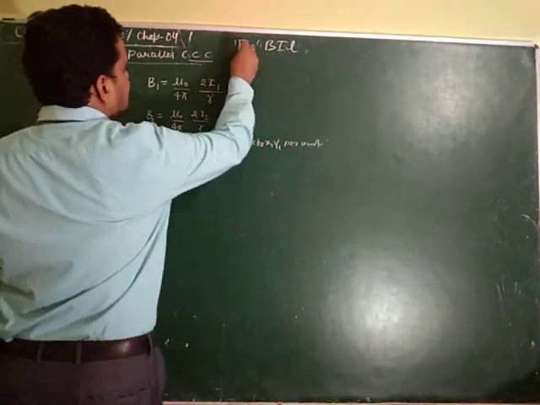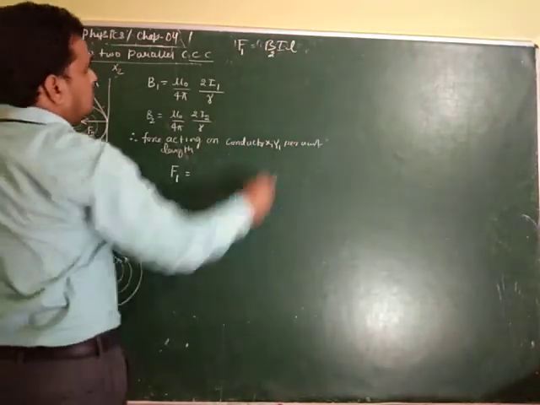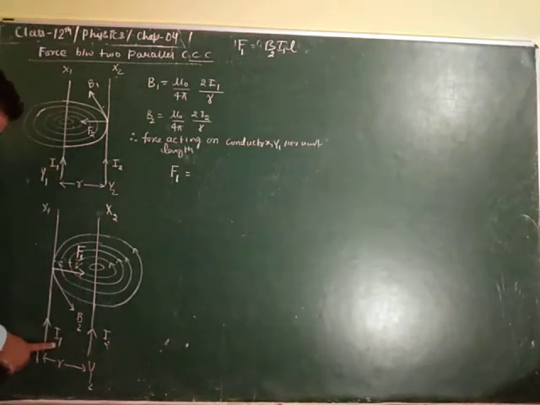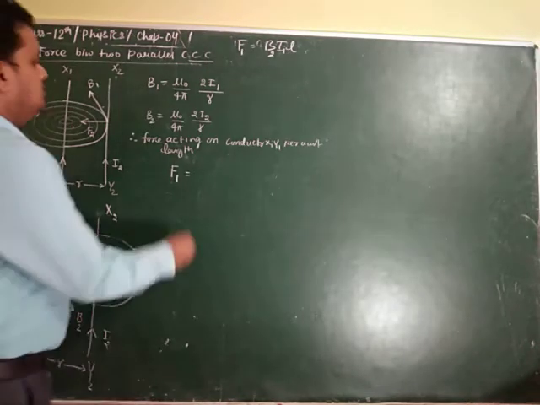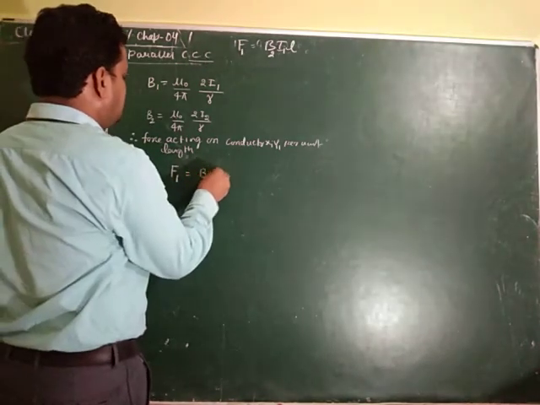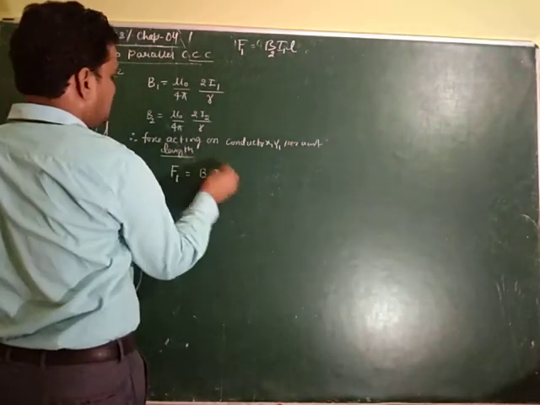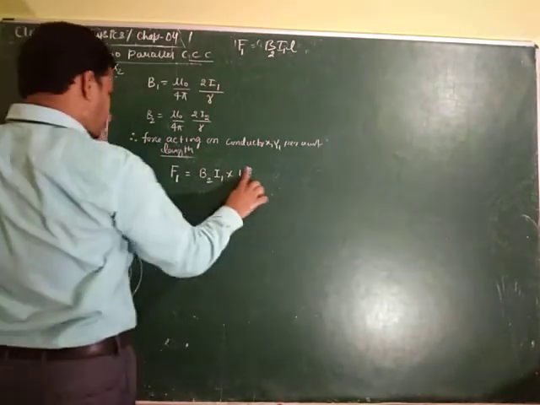So this is the force on 1, but this force is due to 2, and this is the current I1, because here the current is I1, force F1 that is acting on this X1 Y1, and this force is because of this B2. So I will write B2 I1, and this is per unit length. Per unit length means L is 1 meter, so no need to write meter.